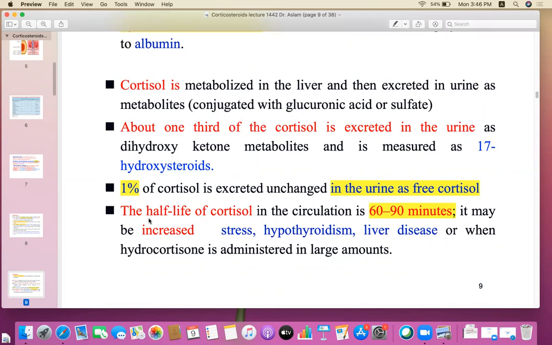The half life of cortisol in the circulation is 60 to 90 minutes, and it may increase in stress, hypothyroidism, liver disease, or when hydrocortisone is administered in large amounts. This is about the excretion.